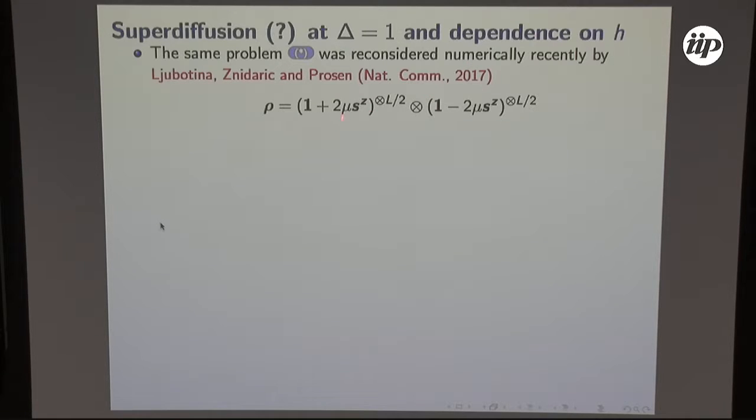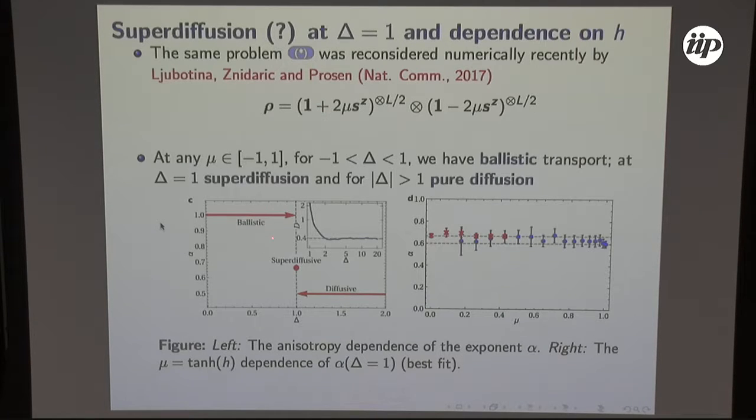You have some finite magnetic field. If you take mu going to probably 1, I guess, you have the domain wall initial state, because that becomes a projector. Okay, so that's the domain wall initial state. And they study numerically, again, spin transport in the XXZ spin chain with this model.